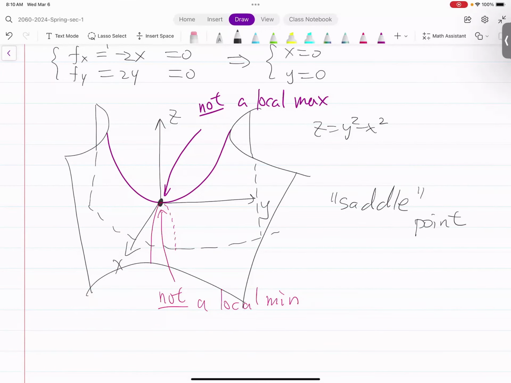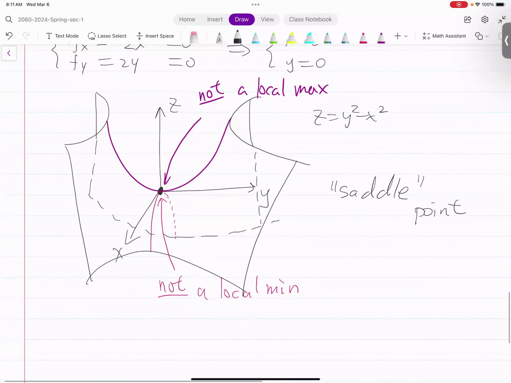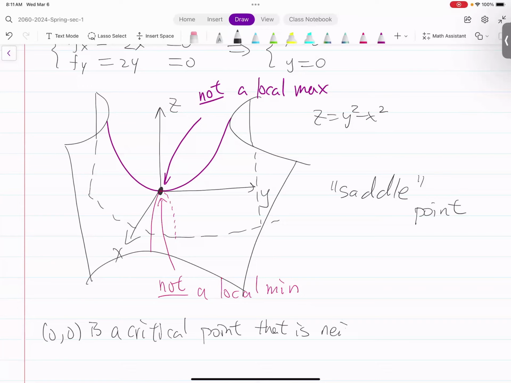Okay. But this tells you what? This tells you sometimes the critical point will not really give you a local extremum. Okay. So (0, 0) is a critical point that is neither a local min nor a local max.